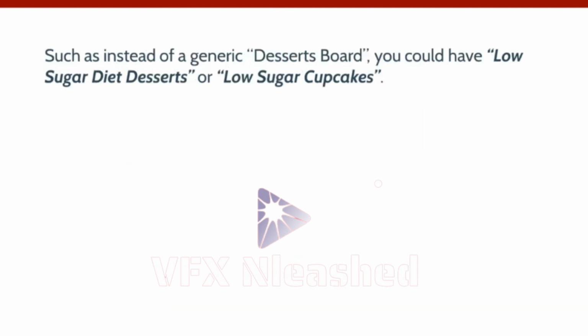Okay, so let me give you an example of a generic board versus a highly specific Pinterest board. A generic board would be something like a desserts board. So you would have everything from cupcakes, diet cookies, low sugar cookies, maybe gluten-free cakes or bundt cakes or anything like that.